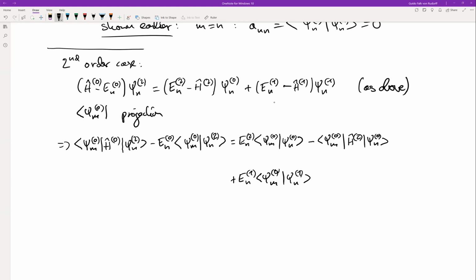And then the last term that we have is psi m0 with the first order perturbing Hamiltonian times psi n1. So those are all the terms. And now there's a few things to keep in mind. So the first one we know is this one here. They are of same order, the same perturbing order. So this means they need to be the Kronecker delta nm.